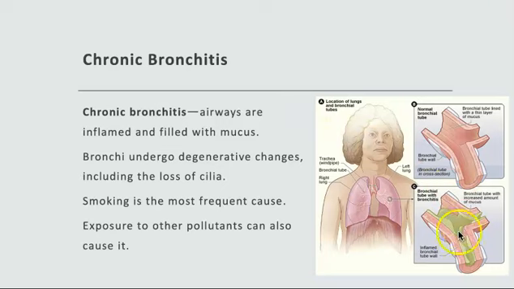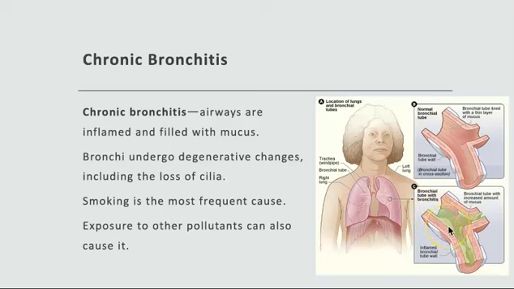Now let's highlight each of those diseases that we talked about, starting with chronic bronchitis. This is when the airways become inflamed and filled with mucus. The bronchi start to go through degenerative changes, including, we know that lining the respiratory mucosa is that pseudostratified columnar ciliated epithelium. And so we start to lose some of that cilia, and we know that that is useful to move some of these substances, moving the mucus.